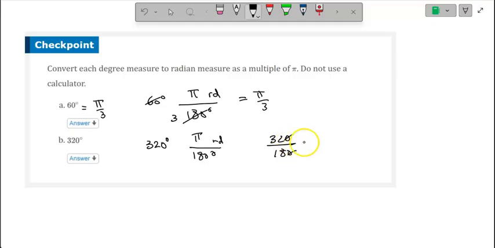You can simplify the zeros and pi radian, right? 32 divided by 2 is going to be 16, and 18 divided by 2 is going to be 9, and that's it, right? You cannot simplify any further. So this is going to be 16 over 9 pi radian, all right?